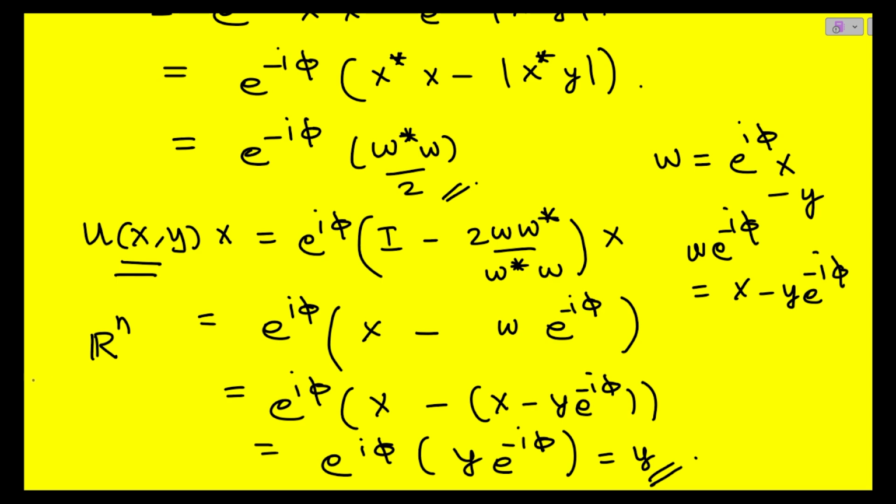If x and y are in R^n, if you follow the proof, the way we constructed U and the way we constructed our W, it will turn out your unitary matrix U will be a matrix of real numbers. So when you pick x and y from R^n and the norms are the same, then that unitary matrix will be in real number space. So that's what we get out of this whole thing.